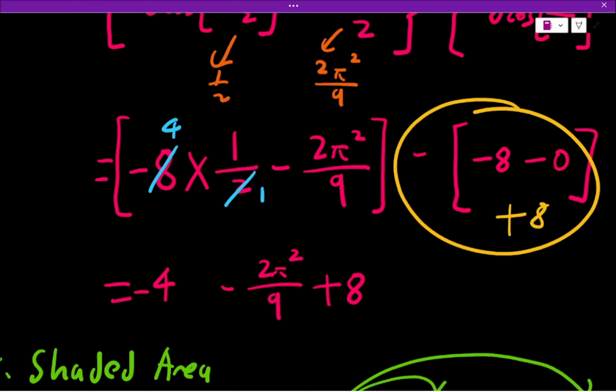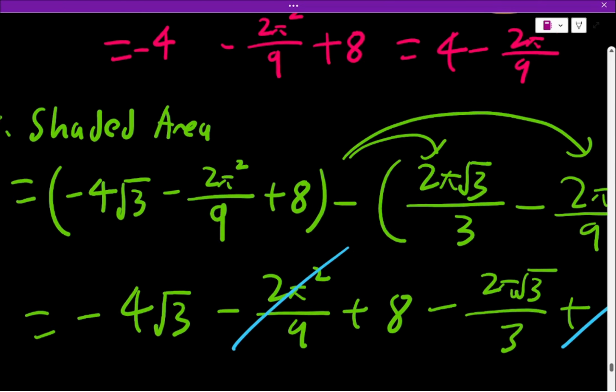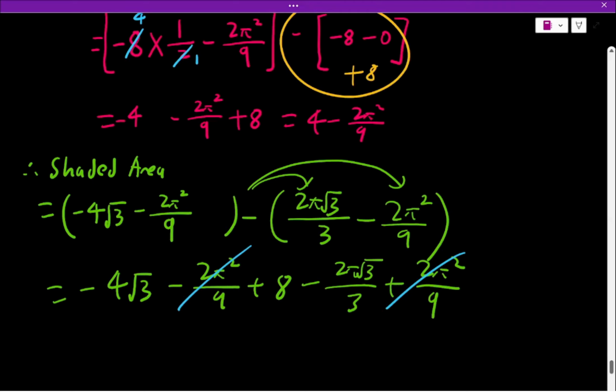So this is equal to 4 minus 2 pi squared over 9. So in the actual thing, it should be 4 minus 2 pi squared over 9 minus that. So indeed, when you expand it, you would get this.